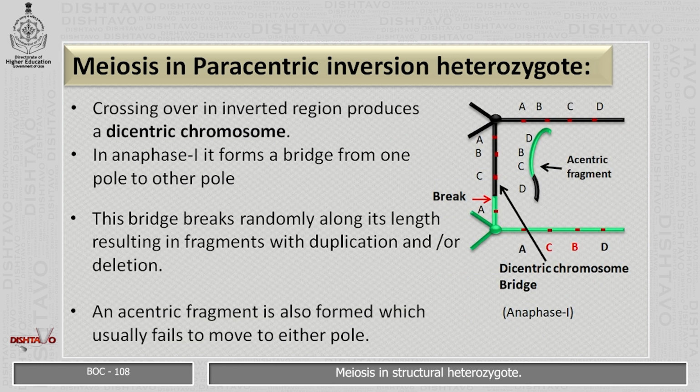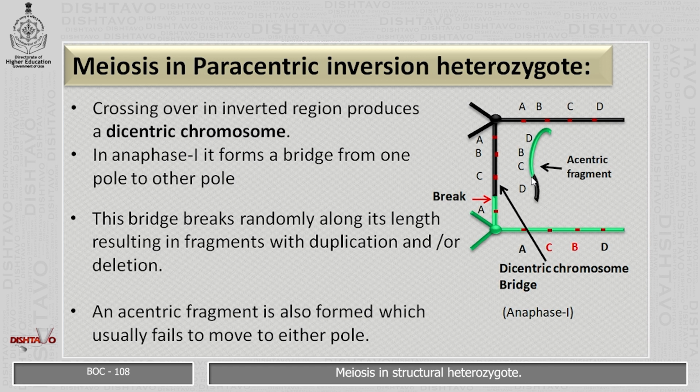Crossing over in the inverted region produces a dicentric chromosome. In anaphase 1, it forms a bridge from one pole to the other pole, which you can see in the shown figure. This bridge breaks up randomly along its length, resulting in fragments with duplication and/or deletion.